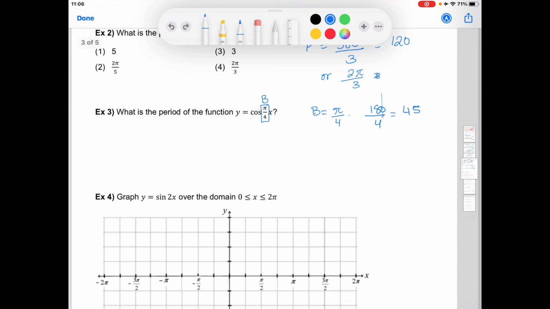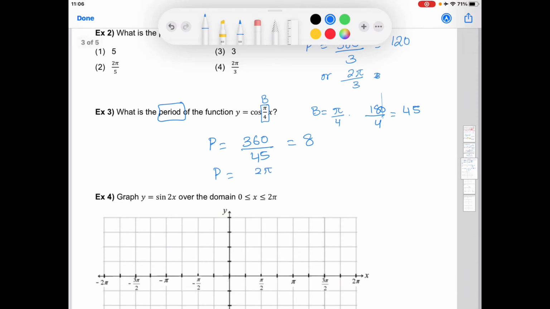So my b is 45. It's not degrees, it's just 45. I'll have 45 of those in 0 to 360 degrees. But I want to find my period. The formula for period is 360 divided by 45, which is 8.